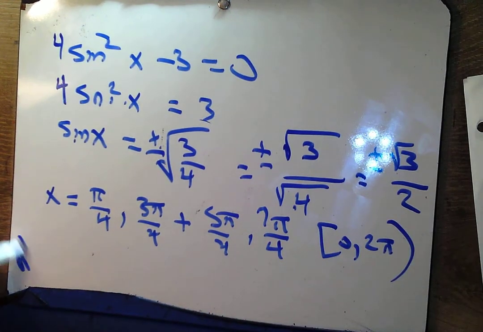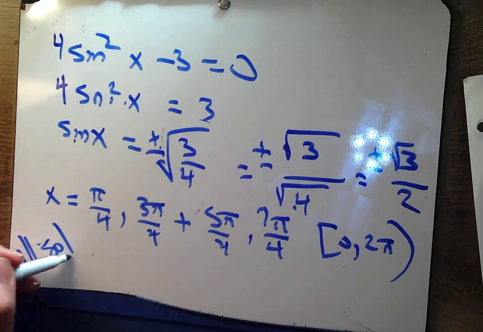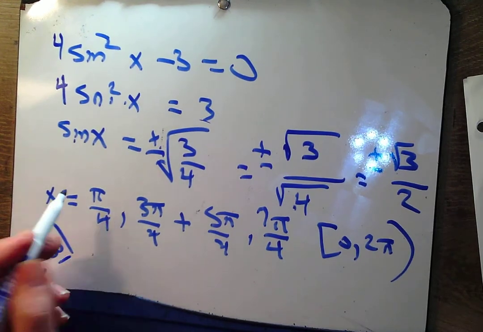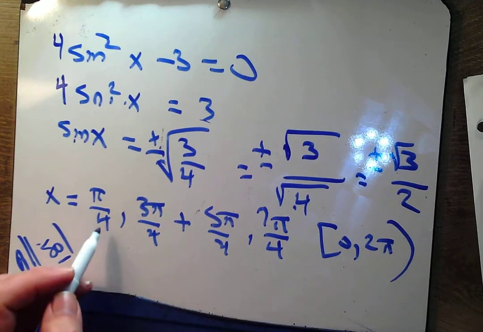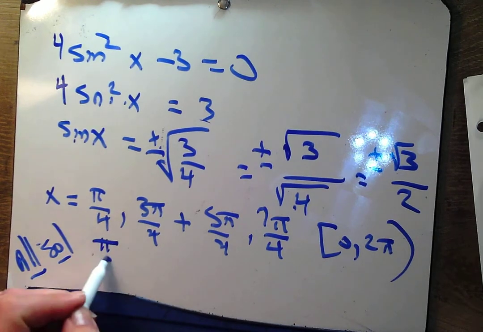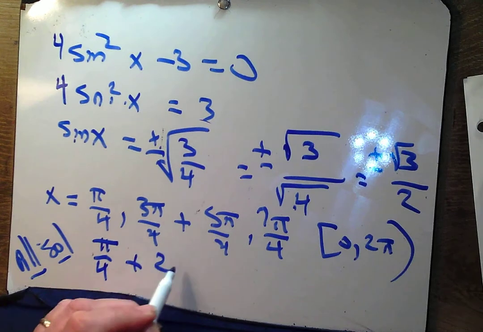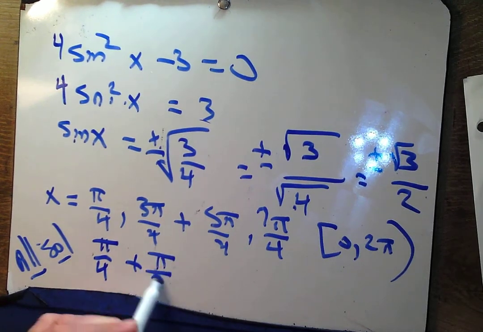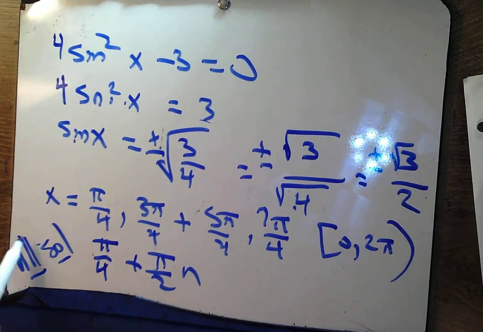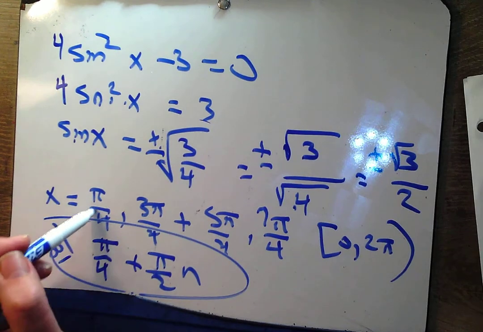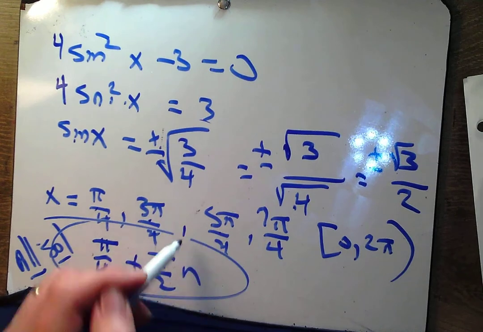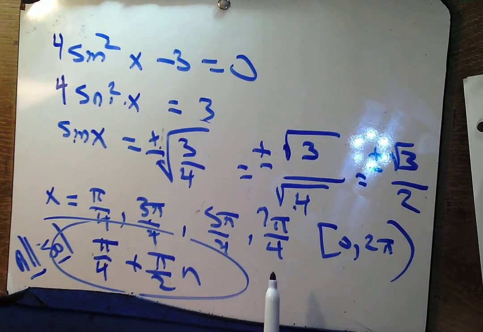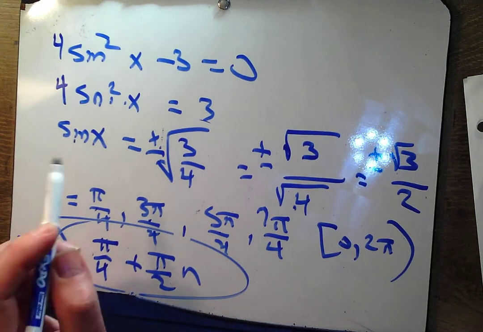If we were doing all solutions, then I might be inclined to put a plus 2 pi n with each of these. But instead, that's my solution. I wouldn't mark this plus 2 pi n, this plus 2 pi n, this plus 2 pi n, and this plus 2 pi n wrong. I would think there was a lot of writing, but I wouldn't mark it wrong.